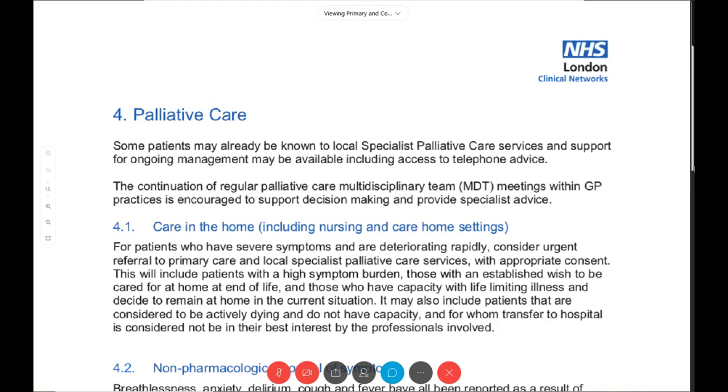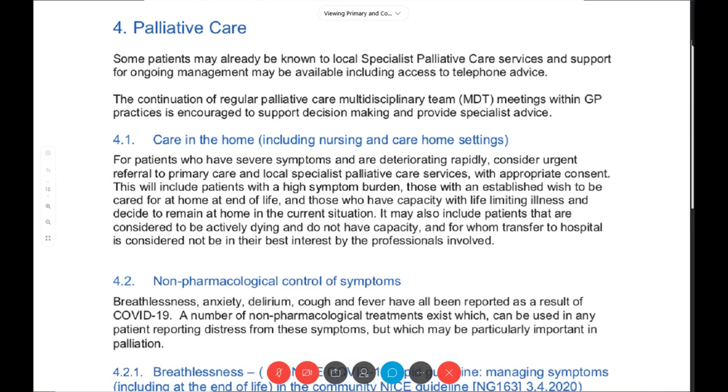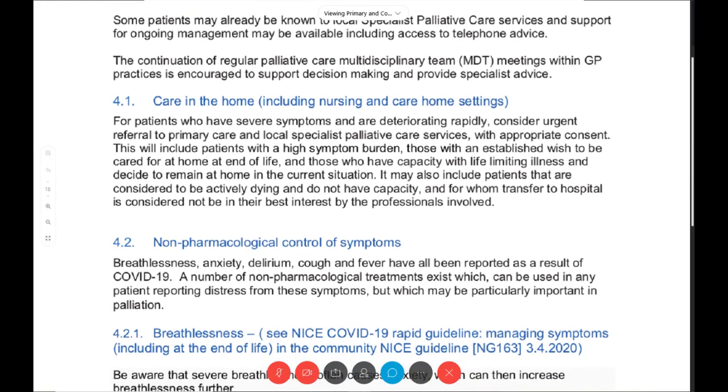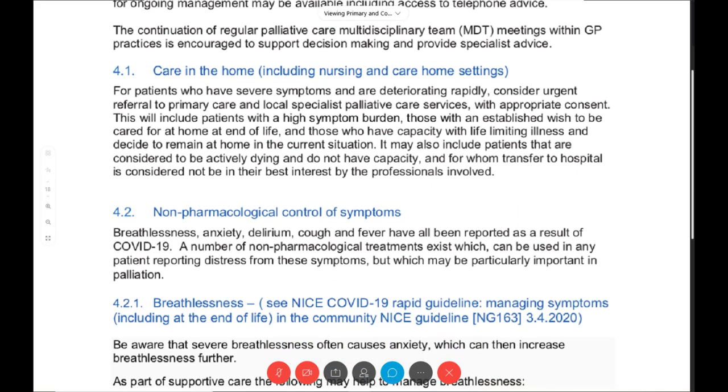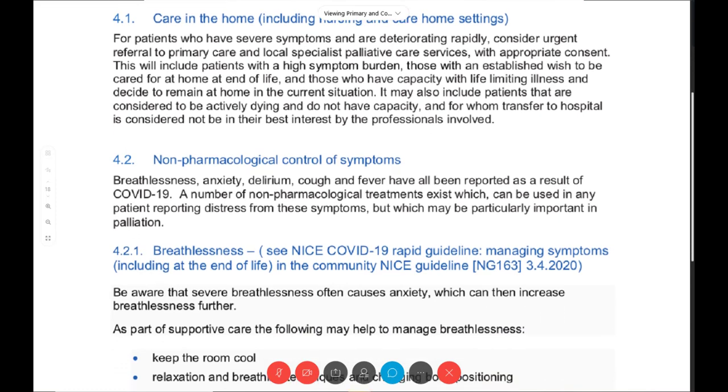Section 4 is a big section on palliative care, and a lot of these patients that are elderly and frail, hospital is really not the place for them, because if they are admitted to hospital with COVID, they're not going to get the same sort of attention that they would get in their nursing home or care home.